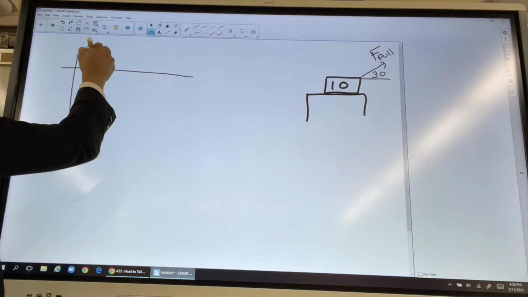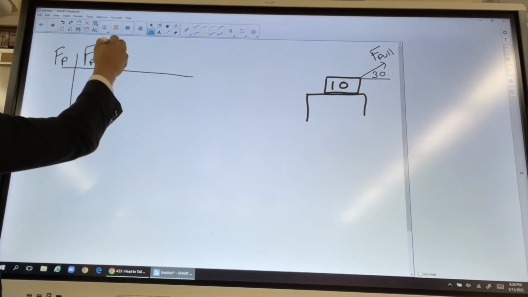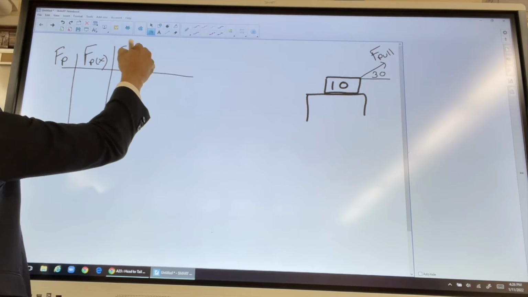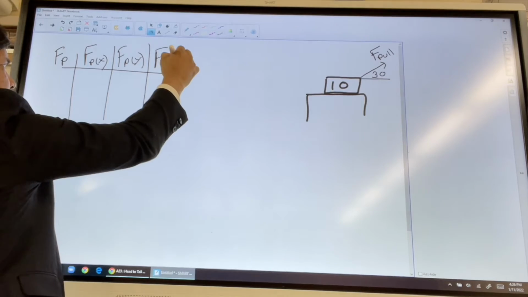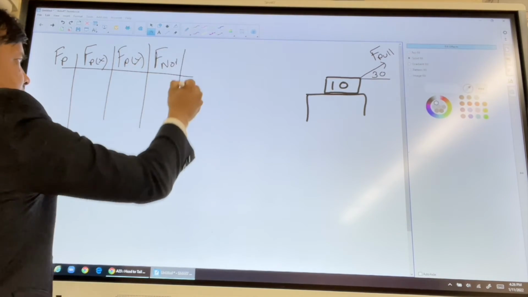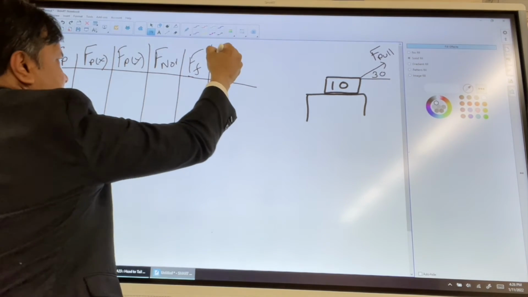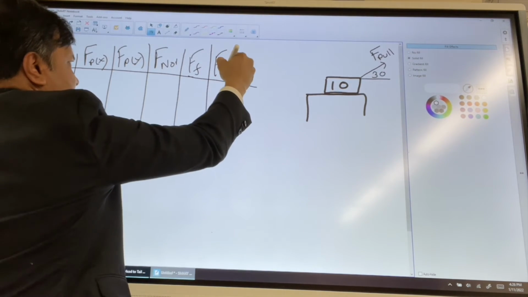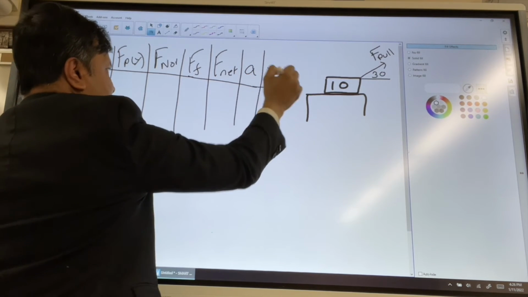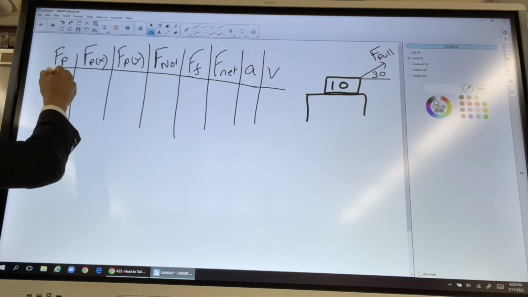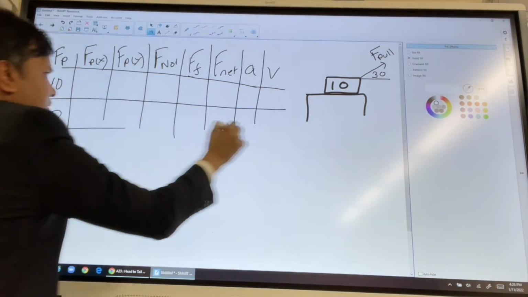F pull in the x direction, and this is F pull in the y direction, and this is F normal, and this is F friction, and this is F net, and this is acceleration, and finally the velocity. Okay, so we're going to investigate it for 40 Newton, and we're going to investigate it for 30 Newton.